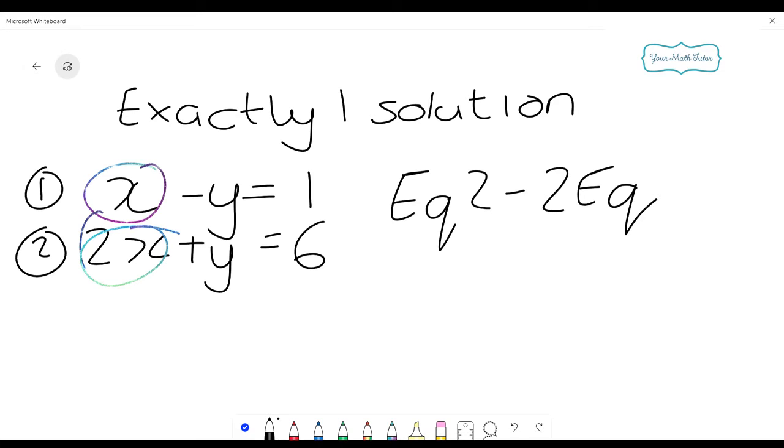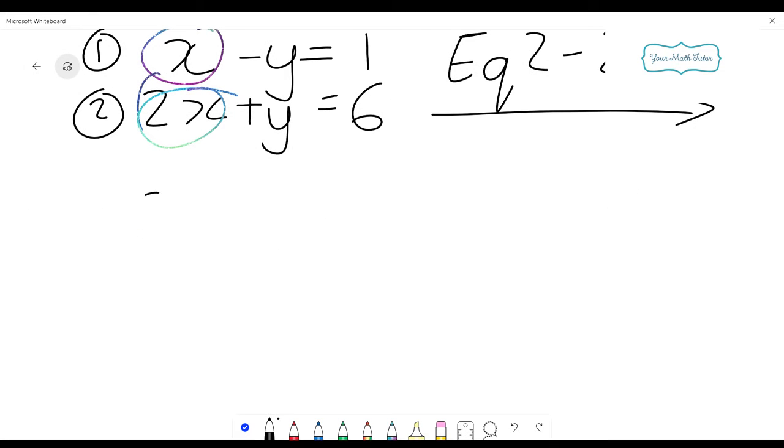So you apply that to x, y, and c. You would apply this to this part of the equation, this part of the equation, and this part of the equation. With x minus y is equal to 1, and then 2x minus 2 times x gives us 0, and then y minus 2 times negative y gives us 3y.